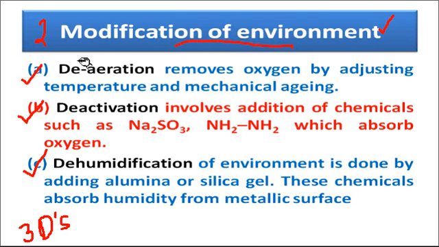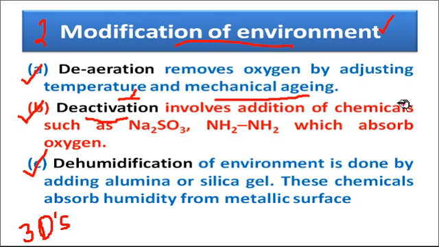So deaeration, that means removal of oxygen at the metal surroundings. This can be done by adjusting temperature and mechanical aging. So by mechanical methods or by increasing the temperature, we can remove the oxygen or air from the surrounding of the metallic surface.